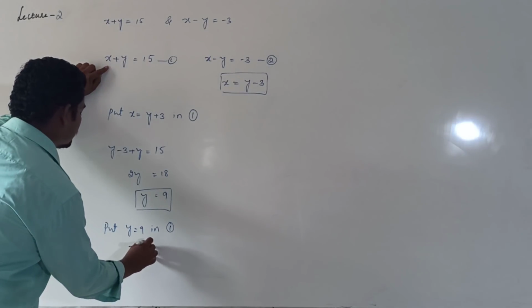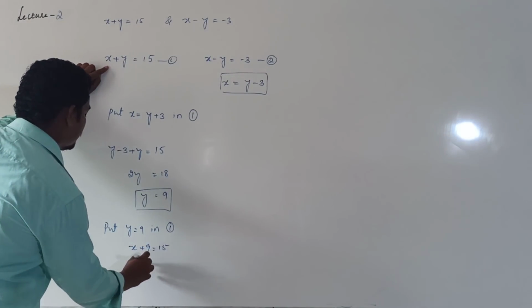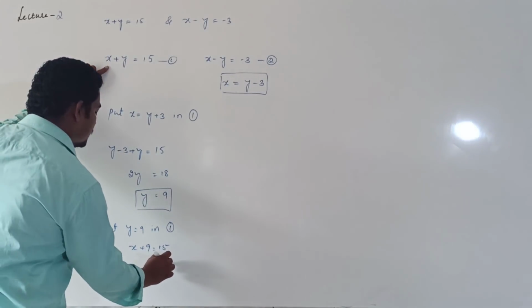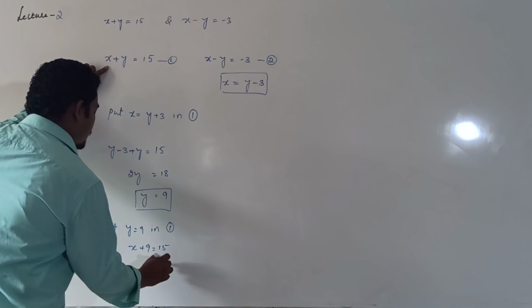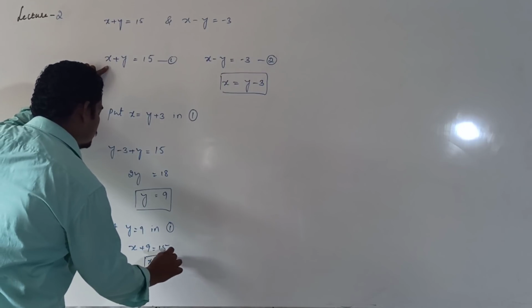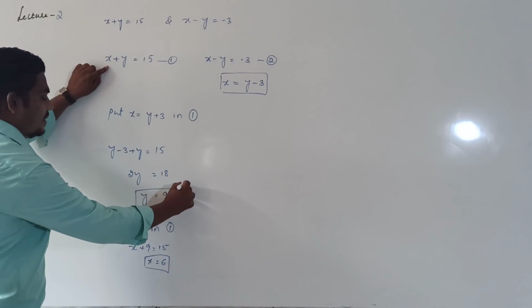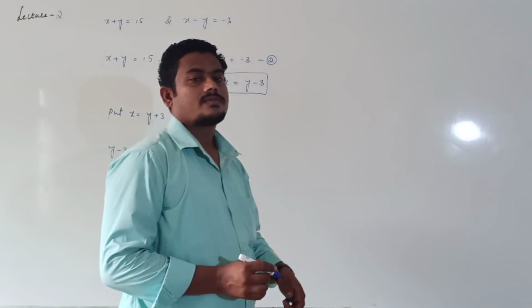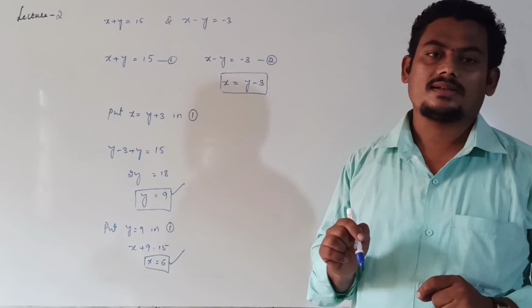Then it becomes x plus 9 equal to 15. Then what is the x value? Send it to the RHS, then it will be 6. The y value is 9 and the x value is 6 by the method of substitution.